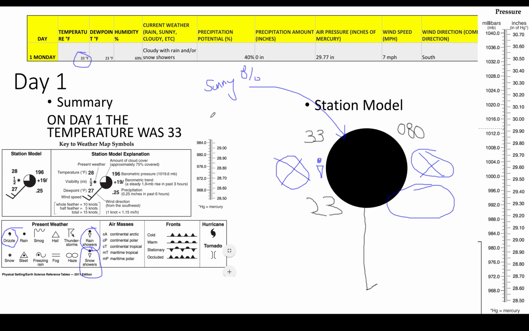Leave it blank. If it's partly cloudy, I want you to say 50%. And if it's cloudy, meaning that you have rain or snow in the forecast, I want you to put 100%. Sorry, I can't erase it. Cloudy. I want you to put 100%.